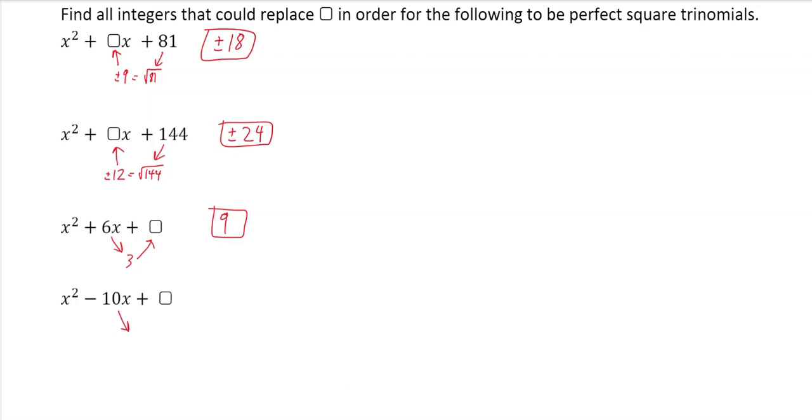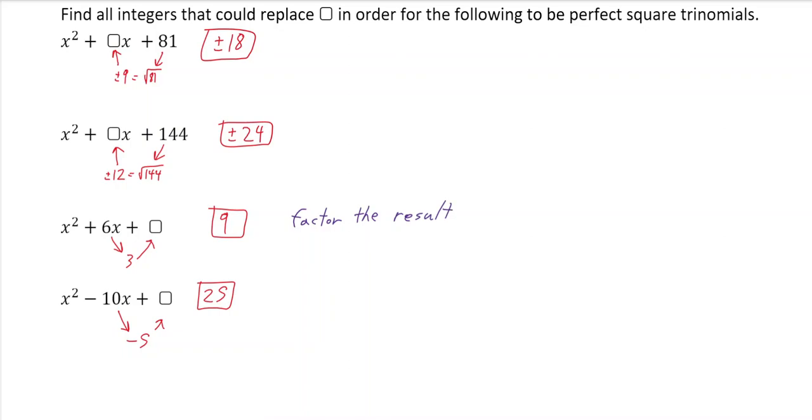This one, we take this number and we divide by 2, and then square it, so we get 25. Okay, and just an aside to this, if it said to also factor the result, that would be a perfectly legitimate question, or part B to this.